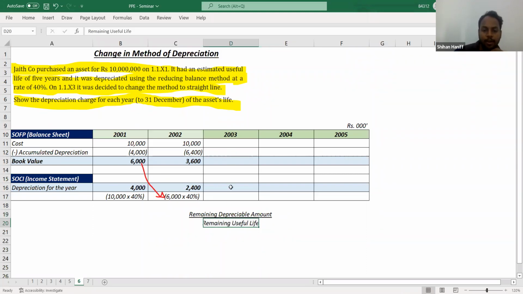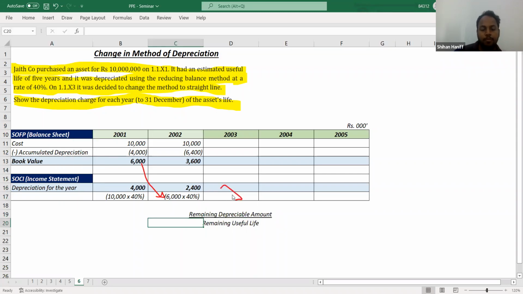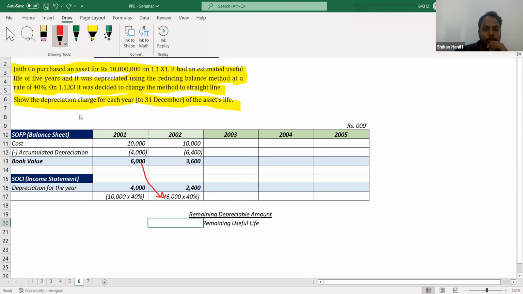Can you calculate the depreciation for the third year? What is this value?